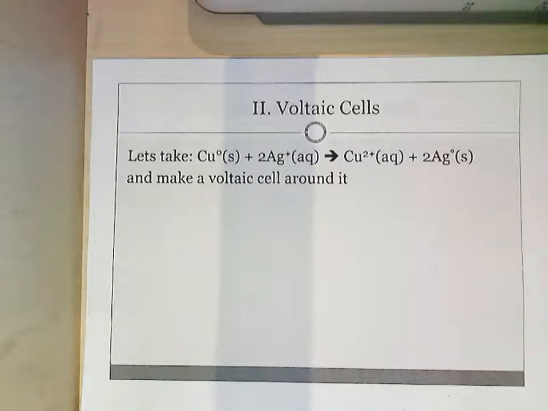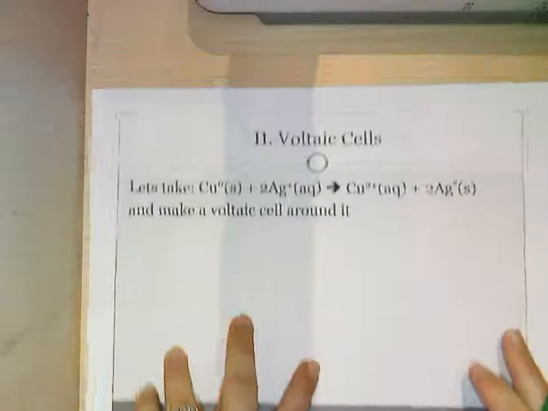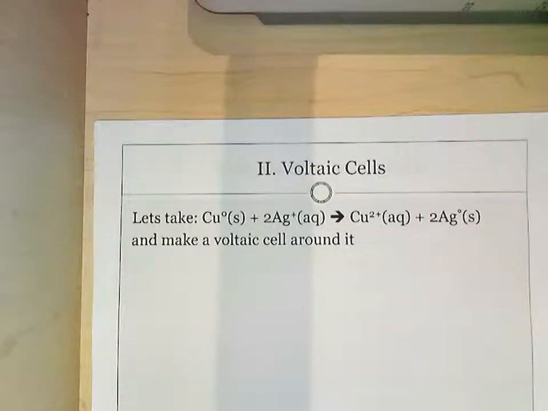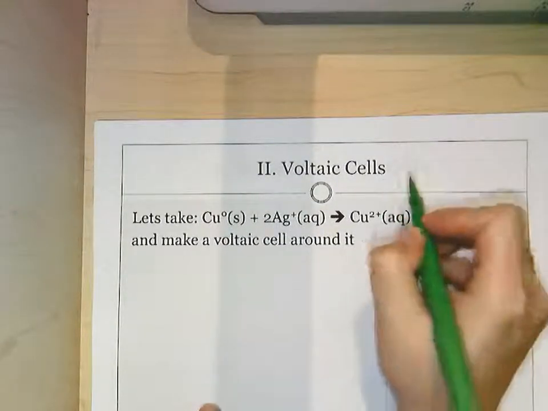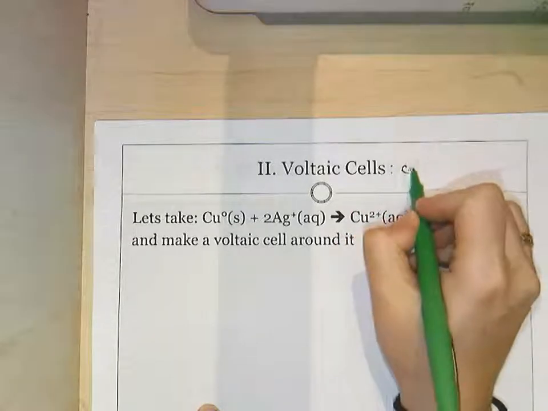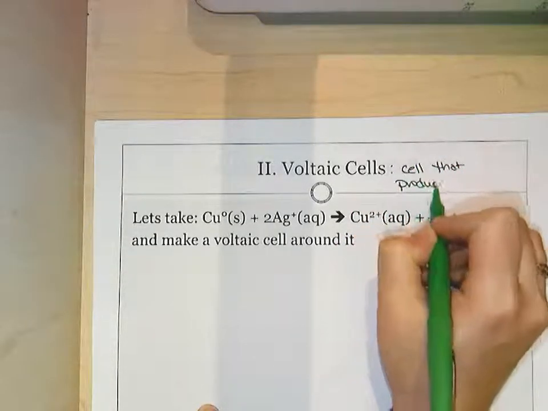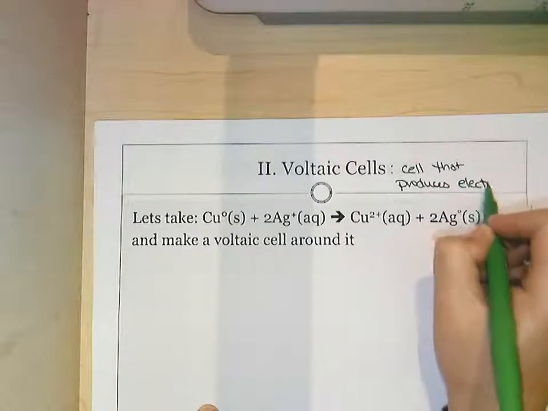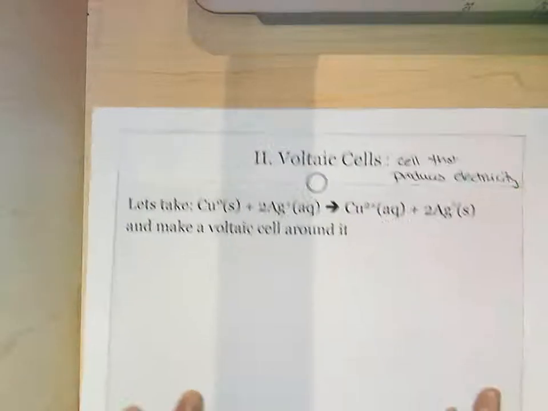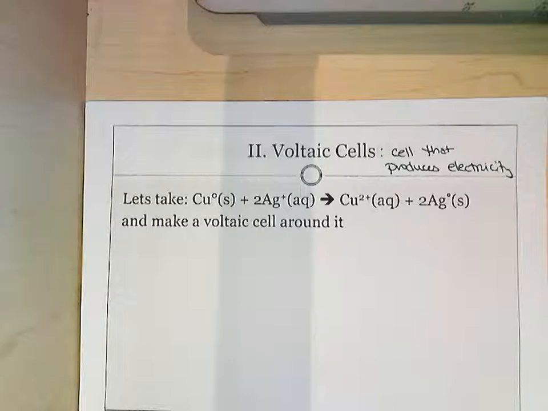So, a voltaic cell, there's two types of cells. There's voltaic and galvanic. The voltaic cell is the one that produces electricity. It has an output of energy.